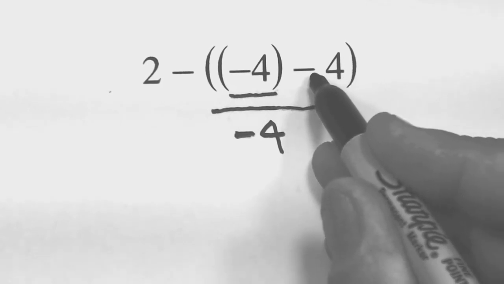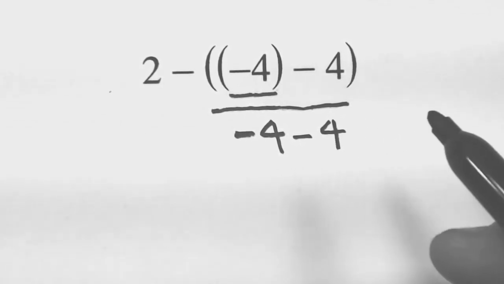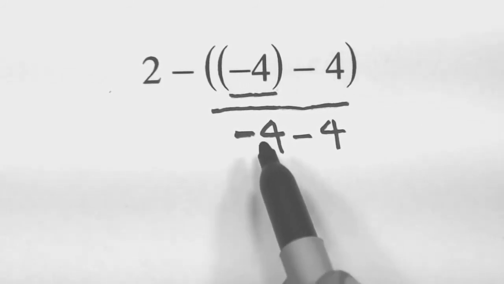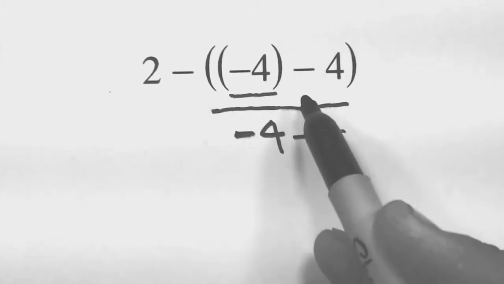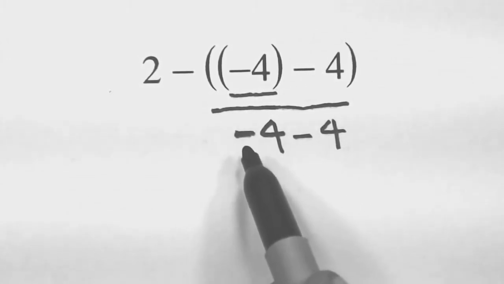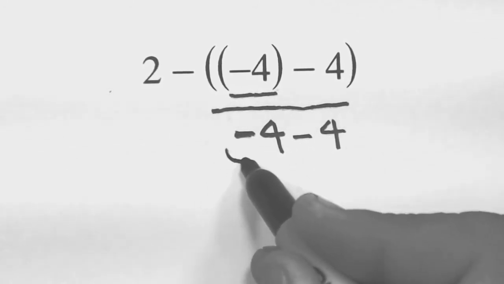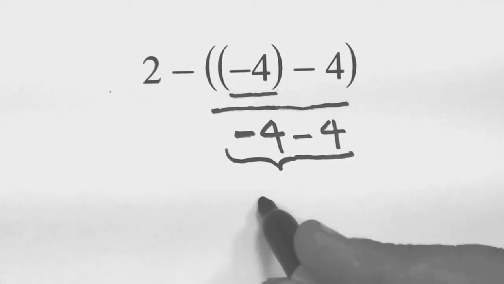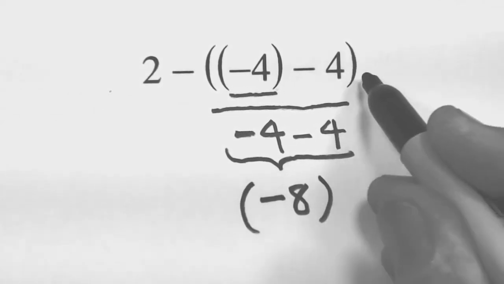This second 4 also happens to have just a single sign. It's a minus, so that's a -4. So we end up with -4 minus 4. Well, we keep working on what's inside this set of parens until we get it to a single number. -4 and another -4 just gives me -8.